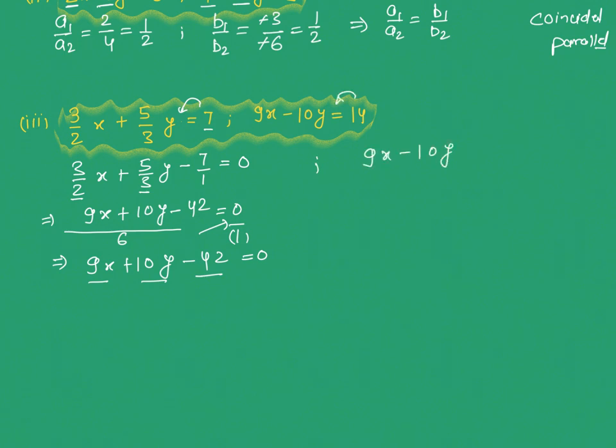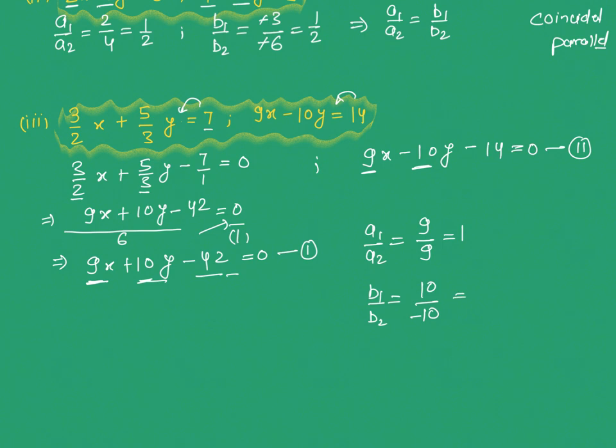We'll just take 14 on the left side, minus 14 equals 0. So we have now these two equations. First is this, we simplified this equation, and this is the second equation. So if we calculate A1 upon A2, A1 from this first equation is 9. A2 would be definitely from the second equation, which is 9, which is 1. And now B1 by B2. So B1 is 10, right? And B2 is minus 10, which is minus 1.